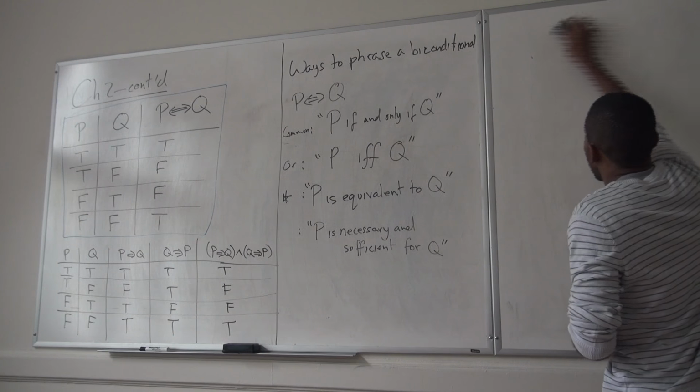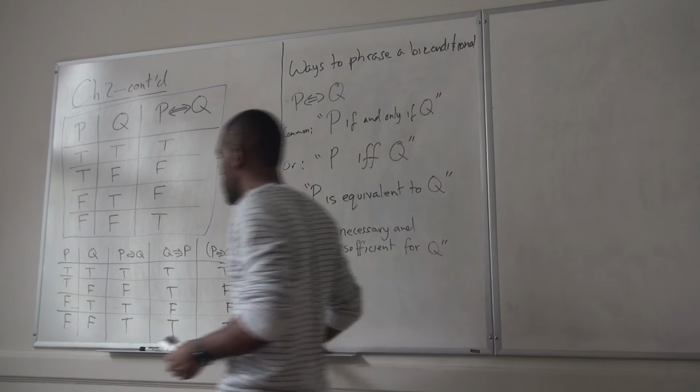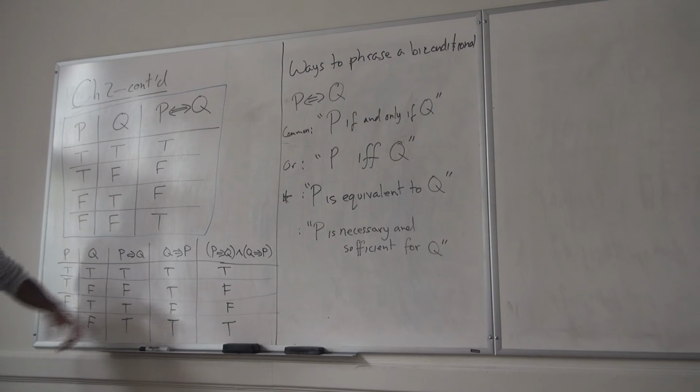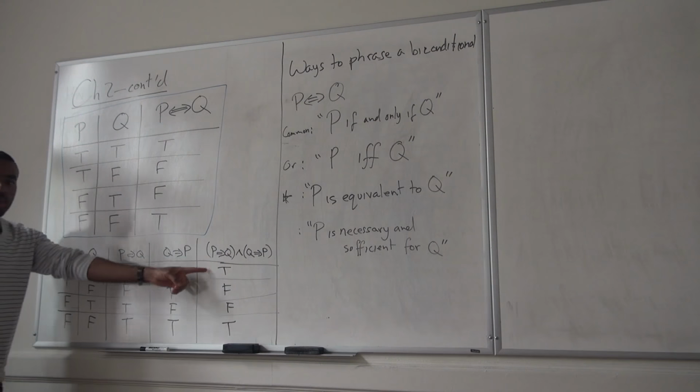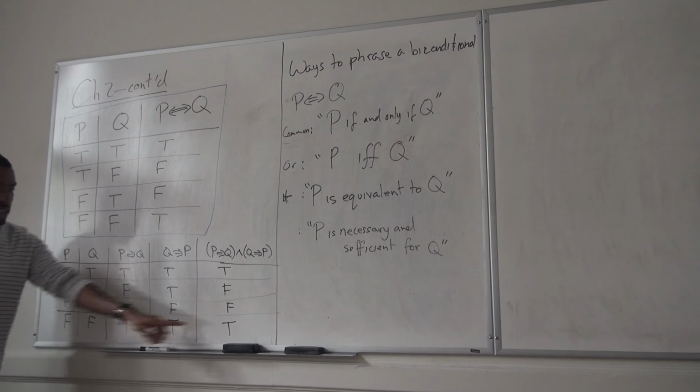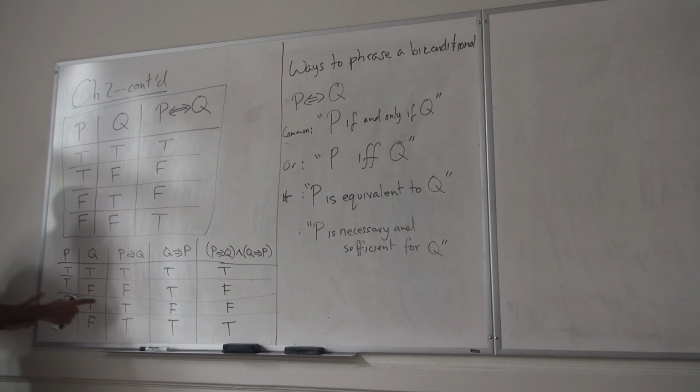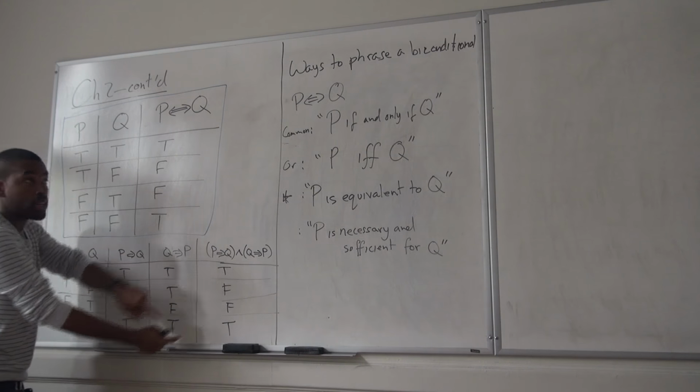But notice why we can say it's equivalent is because it sort of tells you when P and Q actually behave the same way. When they're both true, it's true. And if they're both false, it's true. If they do different things, it's false, right? So this is sort of saying they're sort of equivalent. Whenever things behave the same way, this guy is going to give you a truth value, right?